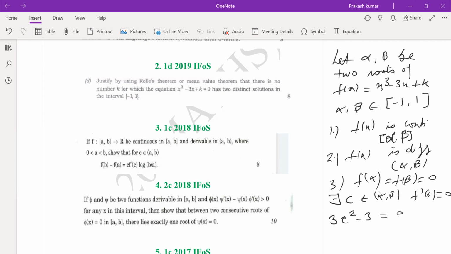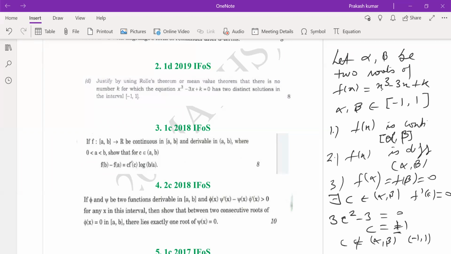This should be equal to 0. From this you will get c = ±1, but c does not belong to (alpha, beta). Why? Because alpha and beta lie in the -1 to 1 interval, so at most they can be -1 and 1 respectively.